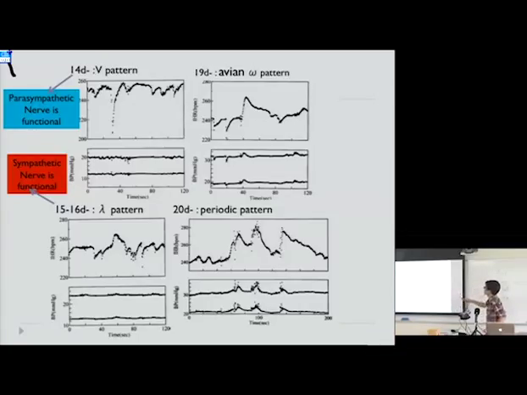Seeing the wave shape of the chick embryo, this sudden drop is happening, and after that this pattern is happening, with sudden ups and downs, and in the last term of incubation, a pattern like this is happening.